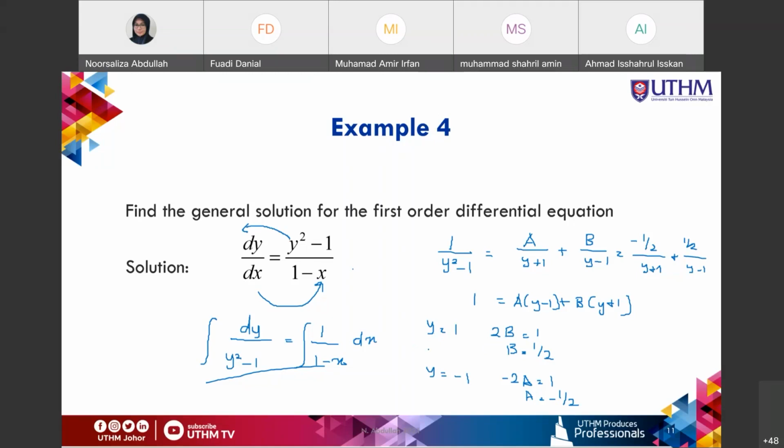Okay, so y equals to 1. So actually with partial fractions, we want to find A and B. To find either A or B, one of the terms must be 0. Right? So for us to get B, A must be 0. For A to be 0, y should equal to 1.